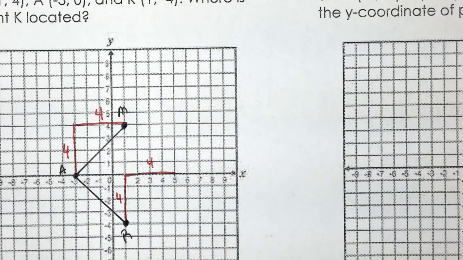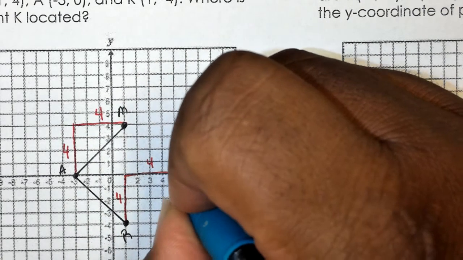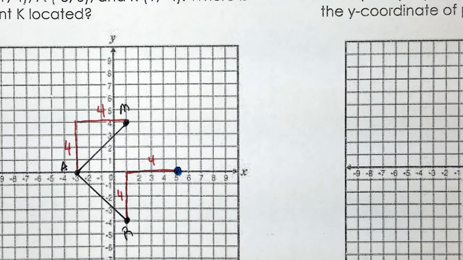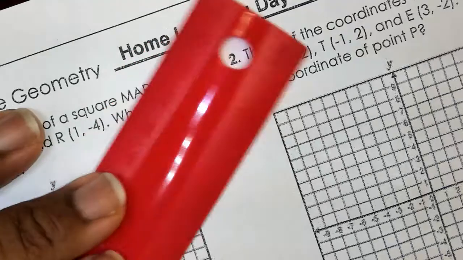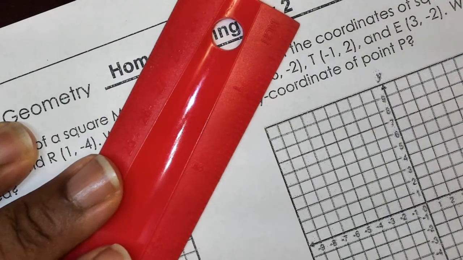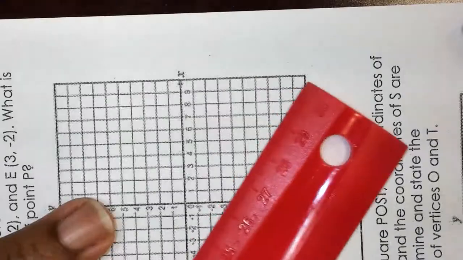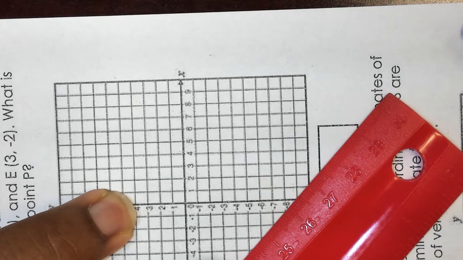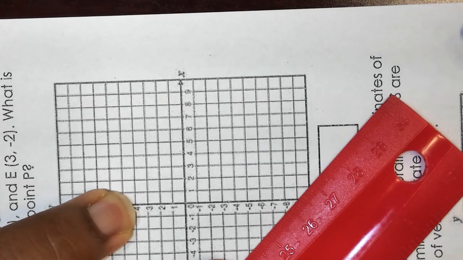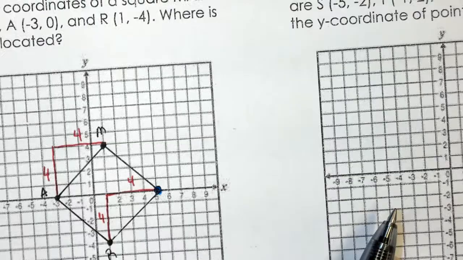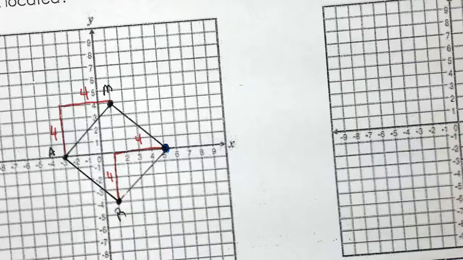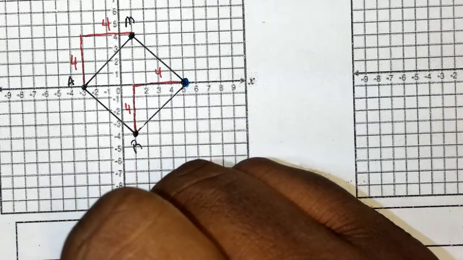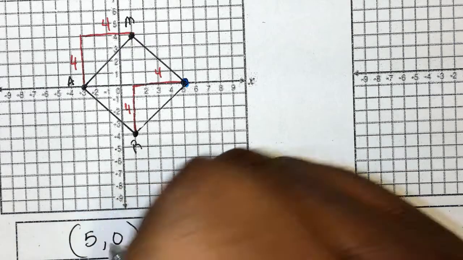Once I recreate it, I land right here on this point, and this is going to be my fourth point at 5, 0, and I can connect to make the square.